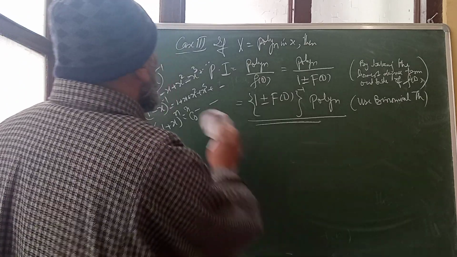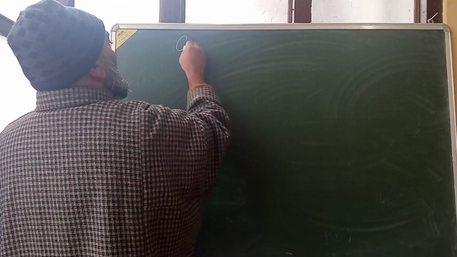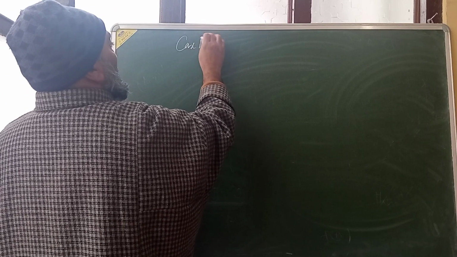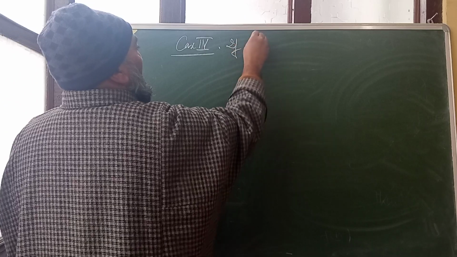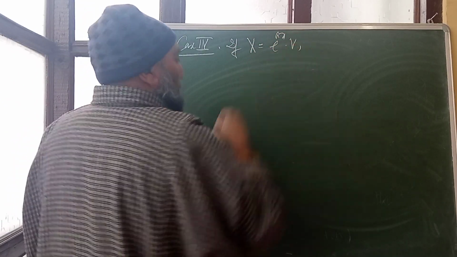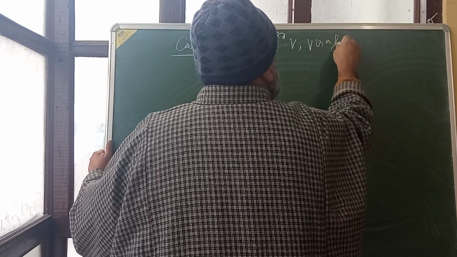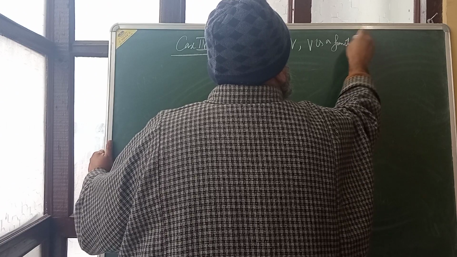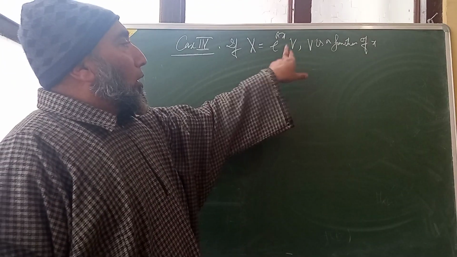Now case 4. If X is of the form e to the power ax into V, where V is a function of x, means you have two functions.